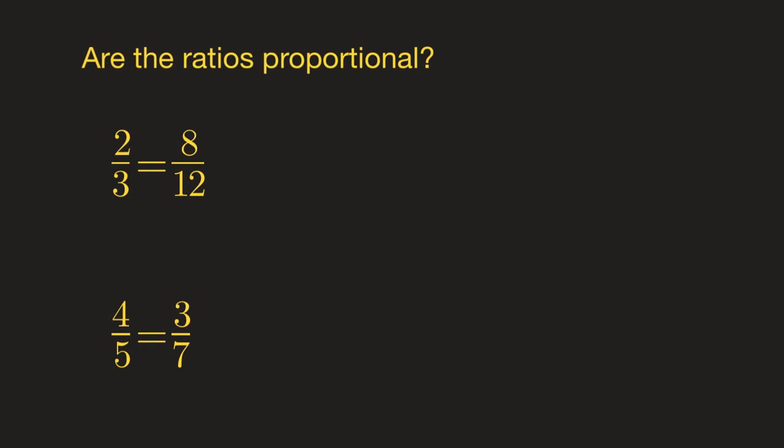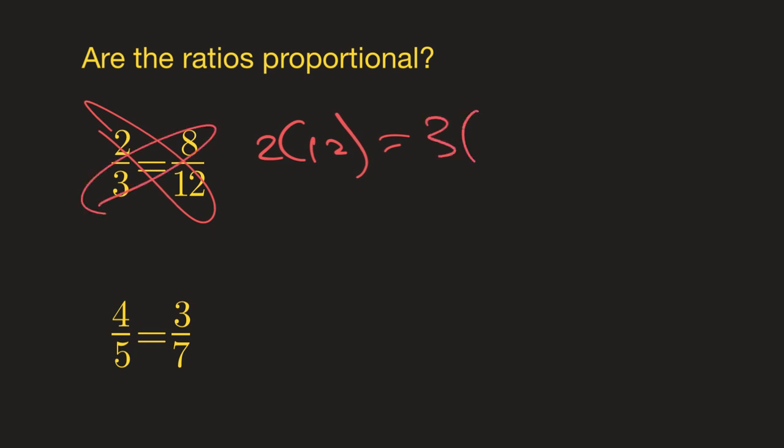And guys, it doesn't matter which cross product you do first, okay? So for instance, I'm going to do 2 times 12 first. And we're going to see if that's going to be equal to 3 times 8. Okay, so here's our cross products.